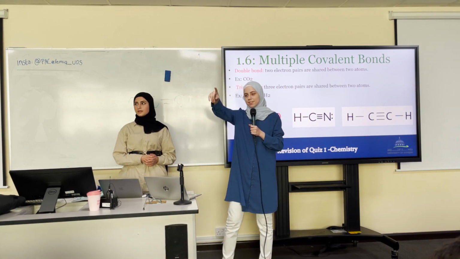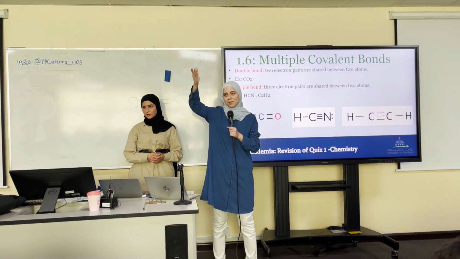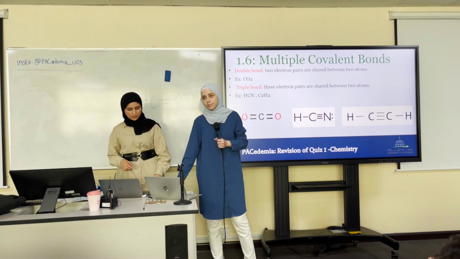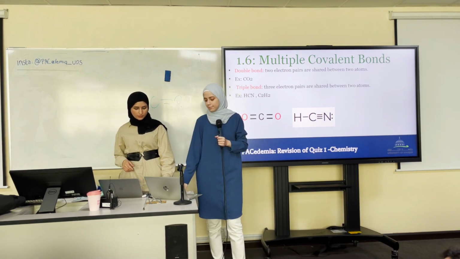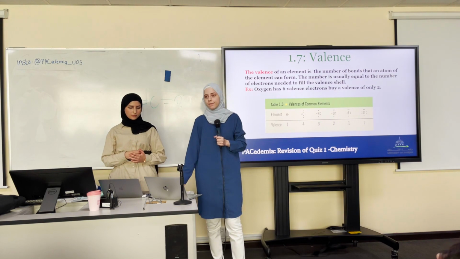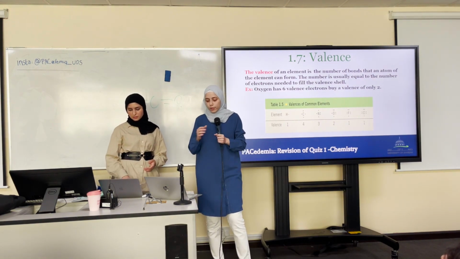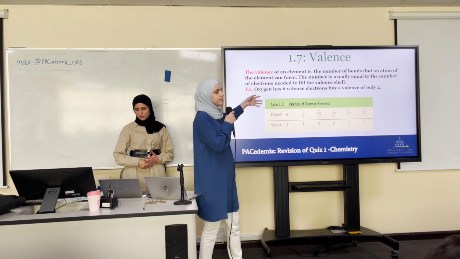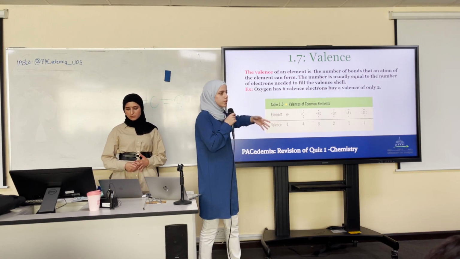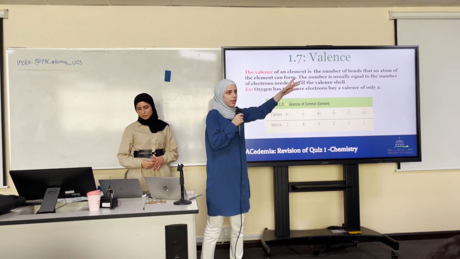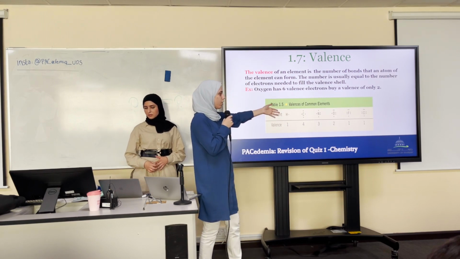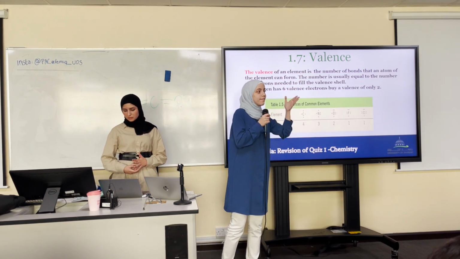Exactly. Repeat it, but raise your voice a little. Valence electrons are electrons in the outer shell. Like oxygen has 6 valence electrons. But the valence for oxygen is 2. Exactly. So you should know that valence is different from valence electrons. Valence electrons, as we said, we can know from the periodic table. Like oxygen in group 16 has 6 valence electrons.